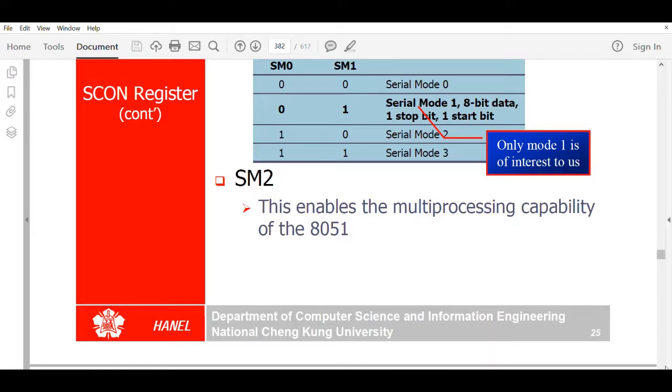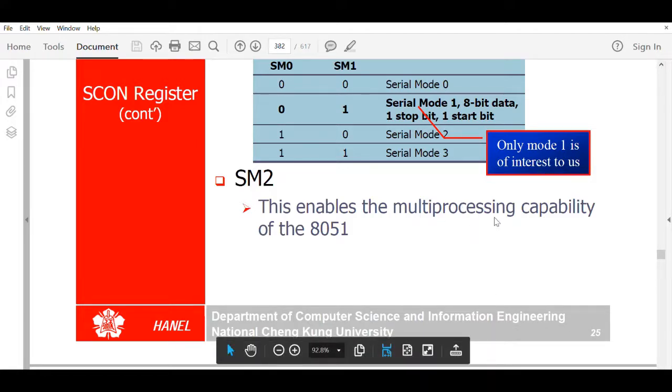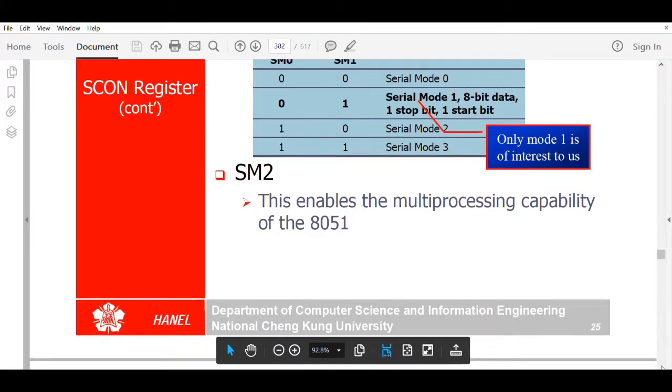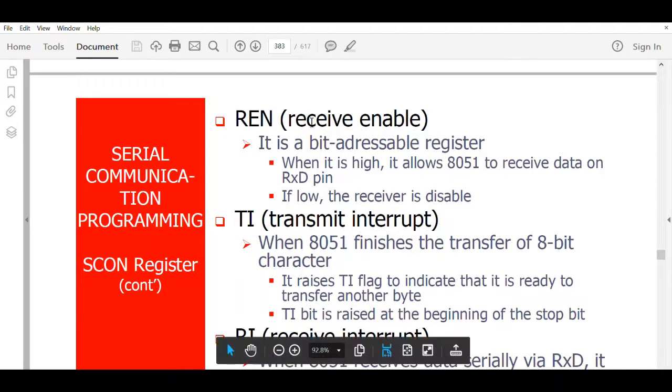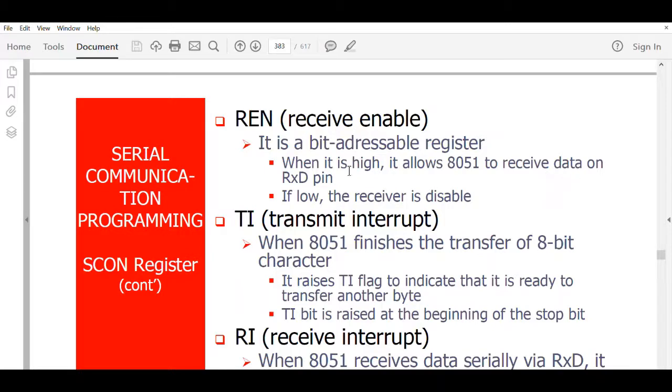If we are dealing with the multiprocessing capability of the 8051, then you'll have to use SM2. Receive enable or REN is a bit addressable register bit. When that particular bit is high, it allows the 8051 to receive data on the RxD pin.